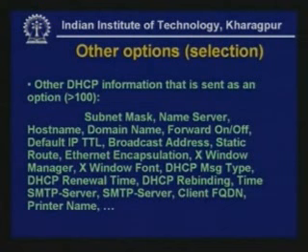These include things like subnet mask, network server, name server, host name, domain name, forward on off, default IP time to live, broadcast address, static route, Ethernet encapsulation, X window manager, X window font, DHCP message type, DHCP renewal time, DHCP rebinding time, SMTP server, client FQDN, printer name.